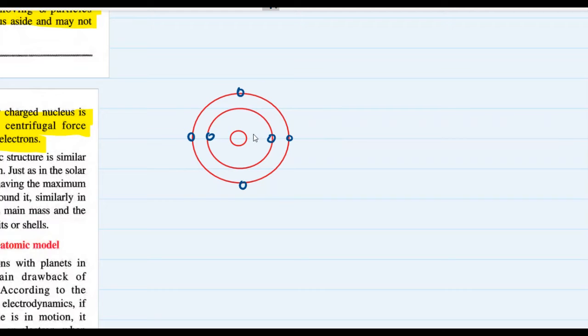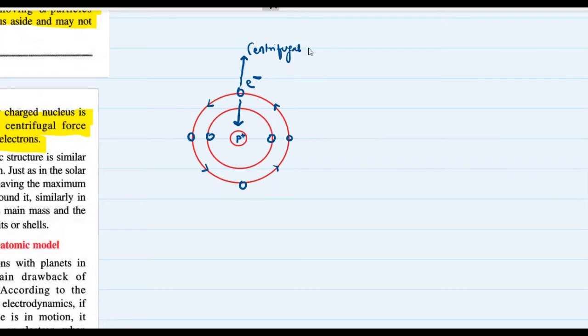Okay, so these electrons have a force of attraction towards the nucleus. That is because electrons are negatively charged and the nucleus is positively charged. So they are attracted towards the nucleus, and also because they are revolving in this shell at a very high speed, they also have a tendency, which is known as centrifugal force.